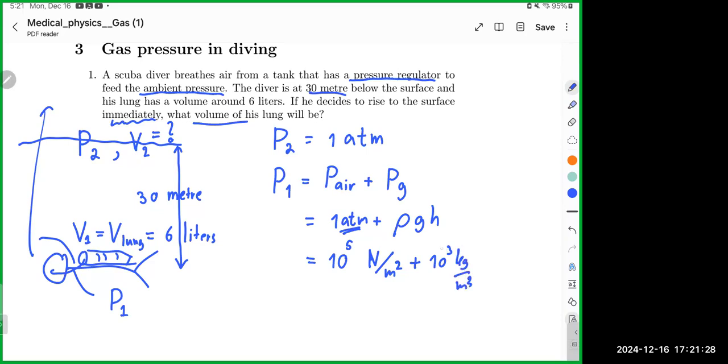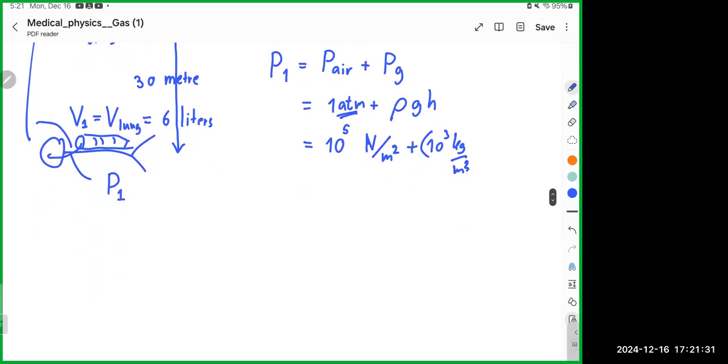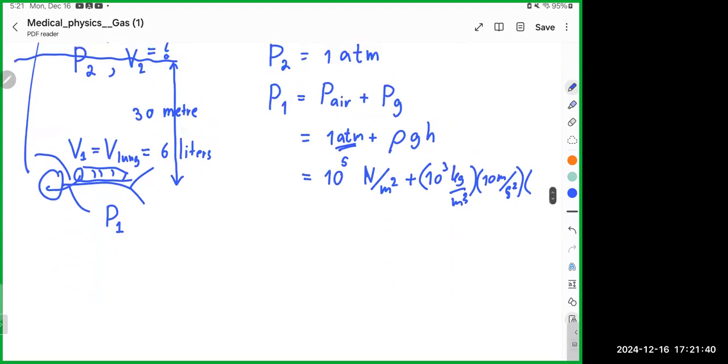And rho g is 10, and h is 30 meters. So the final pressure for this one is 4 times 10 to the 5 Newton per meter square.